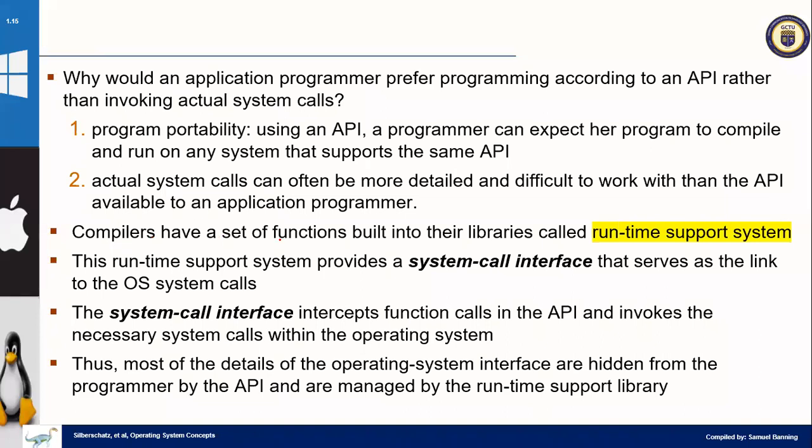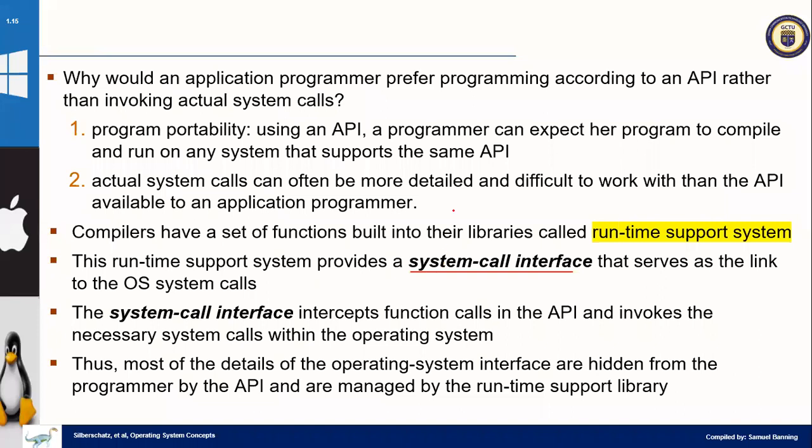Compilers have a set of functions built into their libraries called the runtime support system. This runtime support system will provide a system call interface that will serve as a link to the system calls.